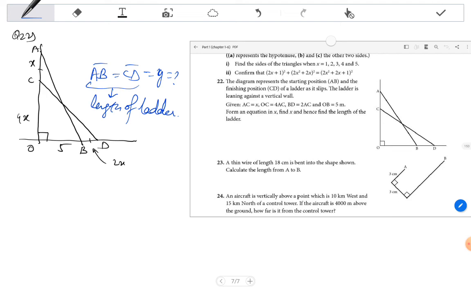Must be the same. Right? So you can try it by two approaches. First, you should consider a triangle OAB.